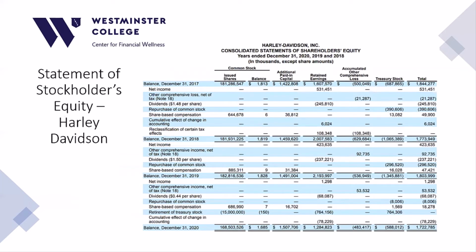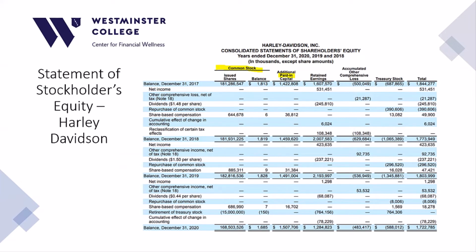Here's a statement of stockholders' equity. It's a lot to look at, yes, but we can look at the basics and understand what's going on here. These first three columns, under common stock and then additional paid-in capital, are all the equity that has been contributed. So this is them selling stock to stockholders.